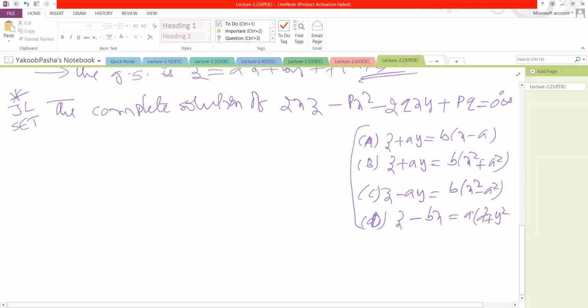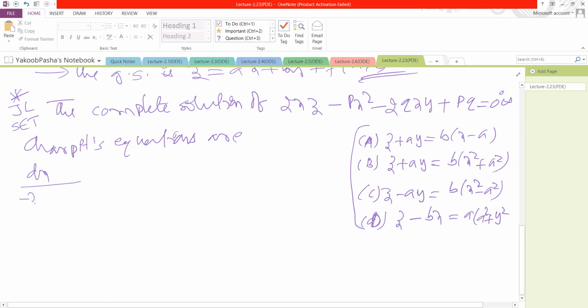First, we can observe this equation contains all the terms x, y, p, q, and z. So we can use Charpit's auxiliary equations, Charpit's method. Charpit's equations are dx by f_p. f_p means differentiation with respect to p. So here x square, p derivative 1, here p derivative 1 into q, here minus x square.